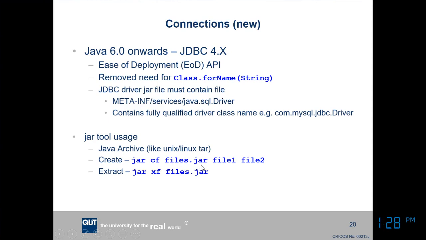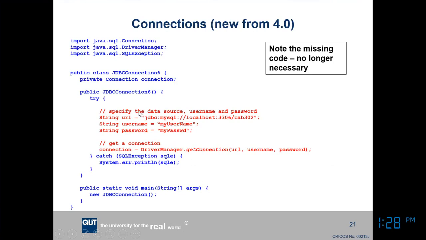You can put a class with a main method in there, and that can then be run, rather than needing to have all these separate class files out. So this is the modern way of connecting to a particular database.